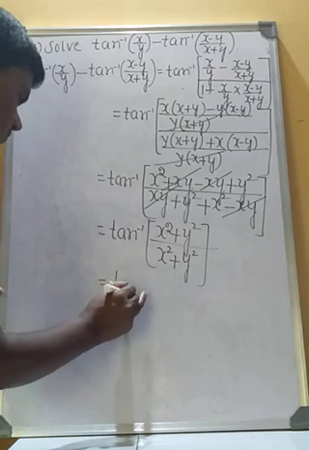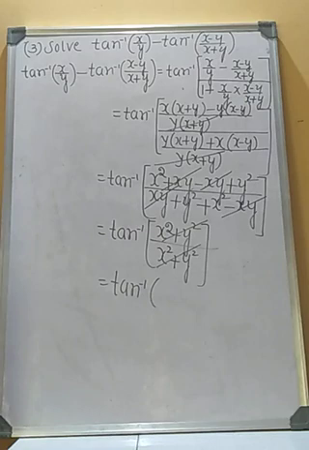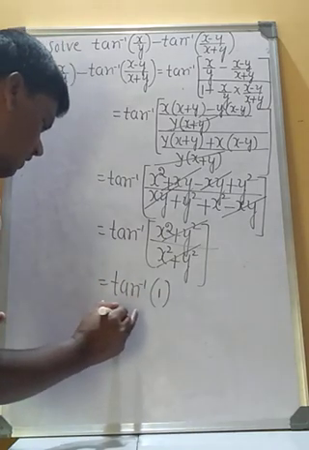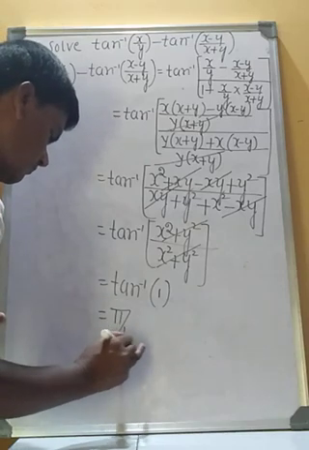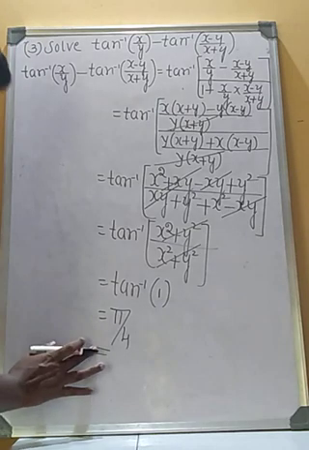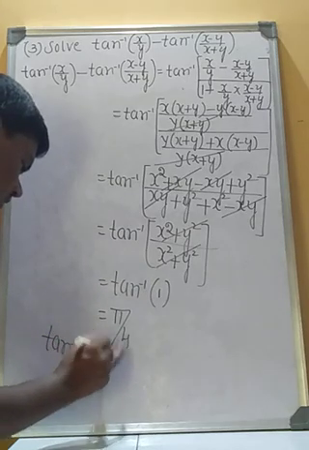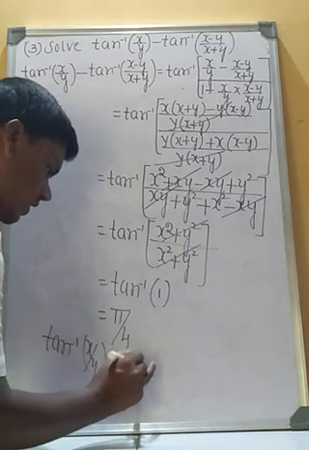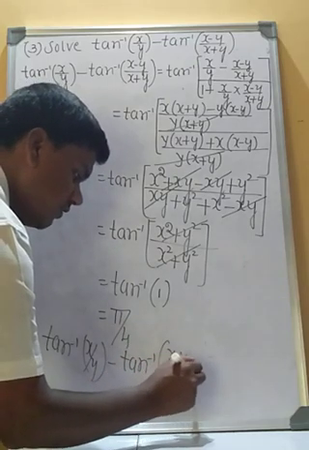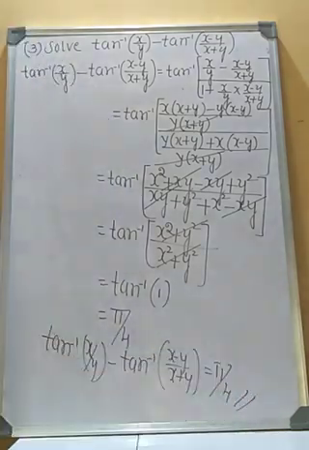That is equal to tan inverse of x square plus y square, both denominator and numerator cancel, 1. You know tan inverse of 1 is pi by 4. Therefore, tan inverse of x by y minus tan inverse of (x minus y) divided by (x plus y) is equal to pi by 4.